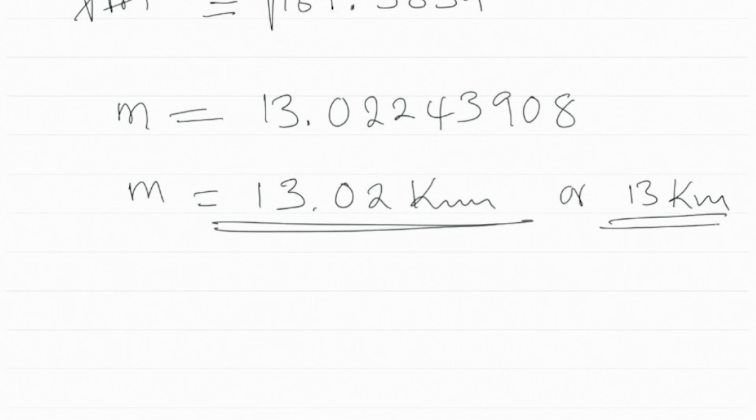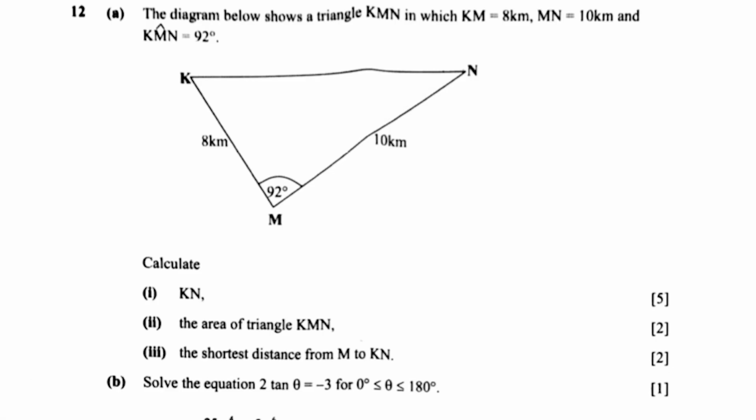Now the next question, part 2, states that we find the area of triangle KMN. When you look at the given triangle KMN, it is not a right-angled triangle, so we are not going to use the formula for calculating the area of a right-angled triangle.